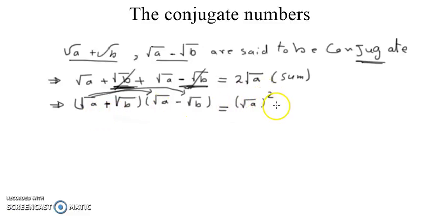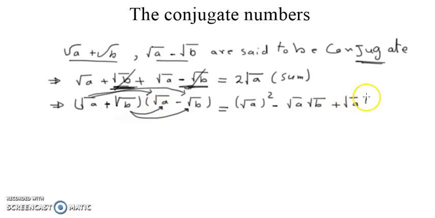Positive times negative is negative, so square root of a times square root of b is negative. Then square root of b times square root of a is positive.